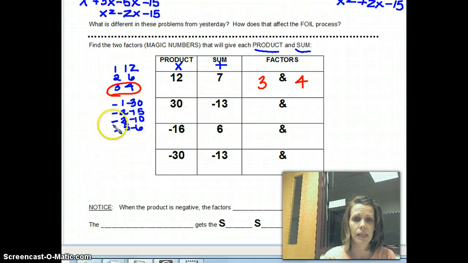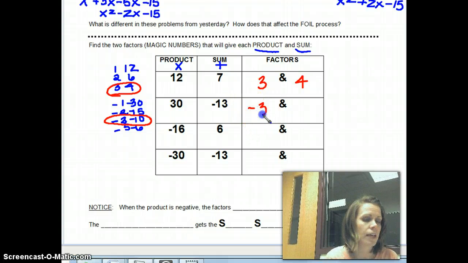If I look down my list, yes, -3 plus a -10 would give me -13. Now let's double check. Will a negative times a negative give me a positive? Yeah, it will. So by making both of the terms negative, I will add to be negative and multiply to be positive. So you kind of have to think about your sign rules for some of these, but my magic numbers are going to be -3 and -10.